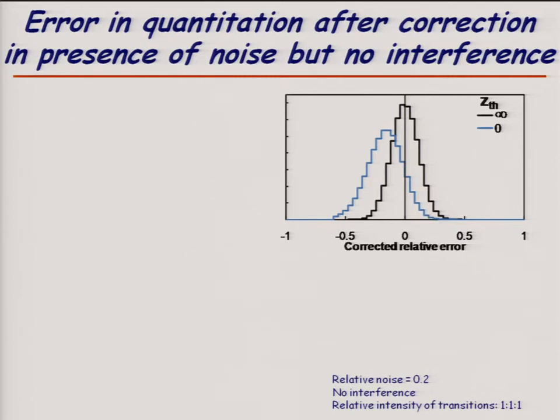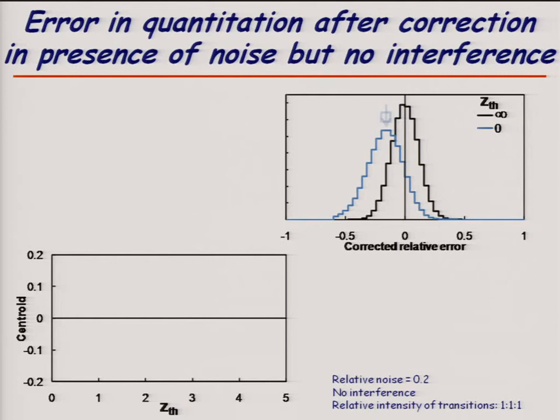So what we're going to look at now is how the centroid changes as we move up in the threshold. This plot here shows the threshold value, and for 0, we end up somewhere a little bit lower than minus 0.2, which corresponds to this centroid here.